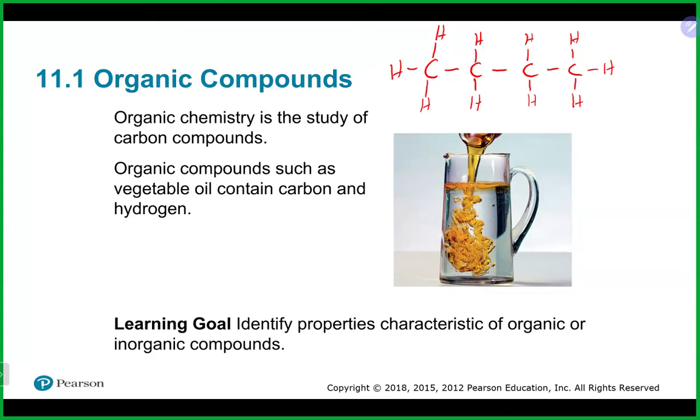As we have talked about previously, if you have a carbon-carbon bond and a carbon-hydrogen bond, both of these bonds are nonpolar bonds. If you remember from our bonding chapter, the difference in electronegativity for carbon and carbon is 0.